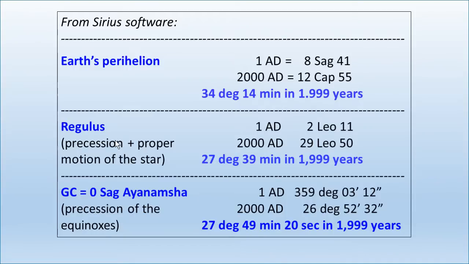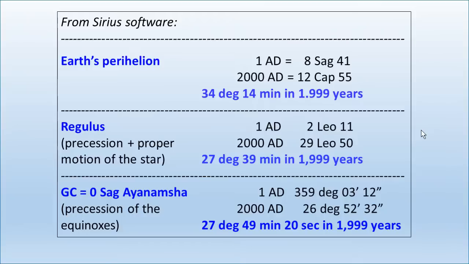So this is something that a lot of people ignore, is that the stars have what we call proper motion. The stars are not fixed. We call them fixed because they're fixed within our lifetimes, and over a few hundred years they hardly move.